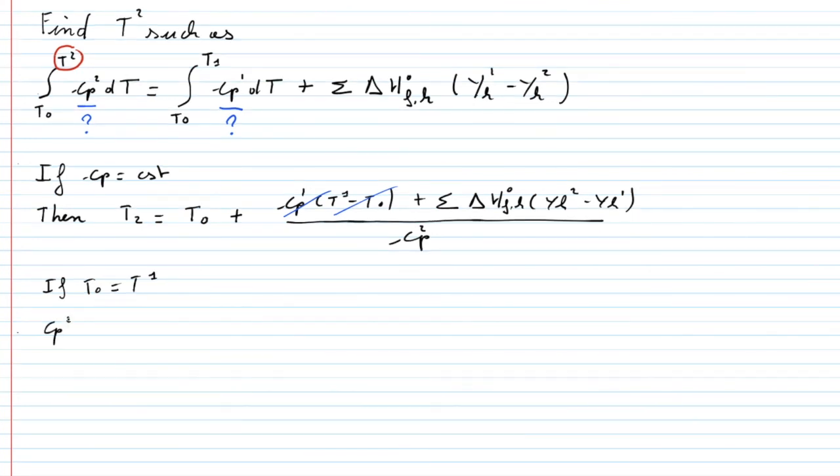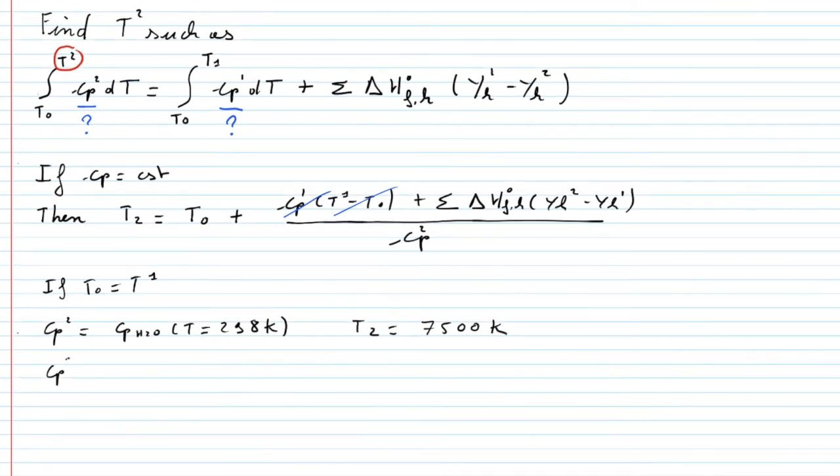So if we assume that the Cp is given by the Cp of H2O at a constant temperature of 298 Kelvin, and if we do the math, then we find that T2 is equal to 7,500 Kelvin. Let's do it again, but with heat capacity taken at a temperature of, let's say, 2,500 Kelvin.